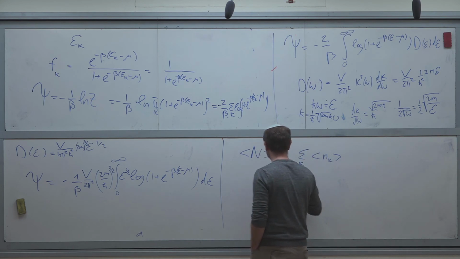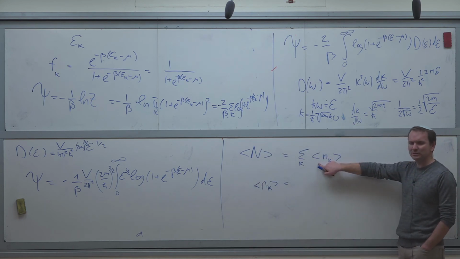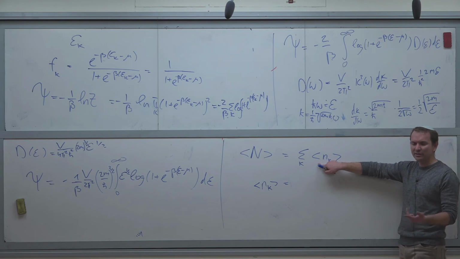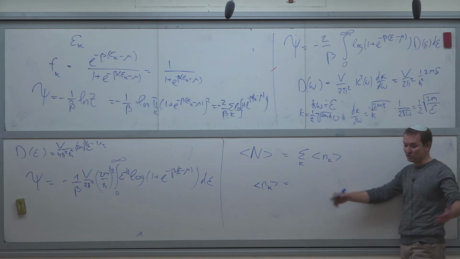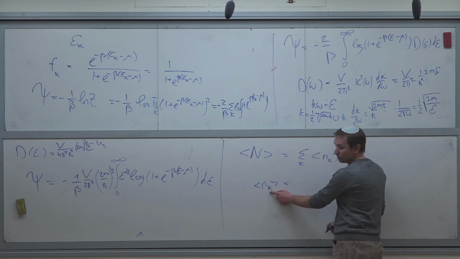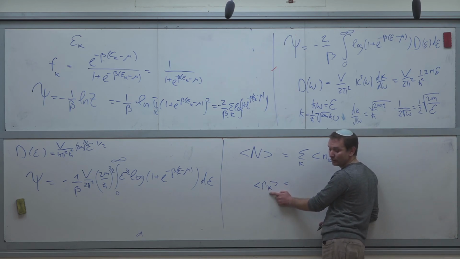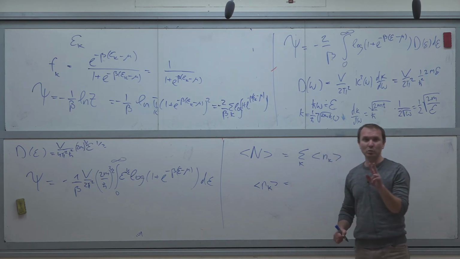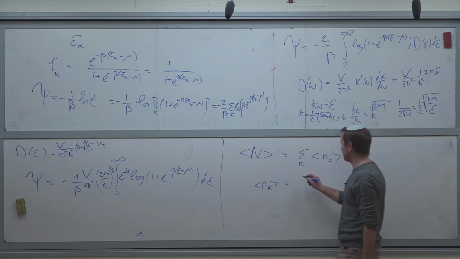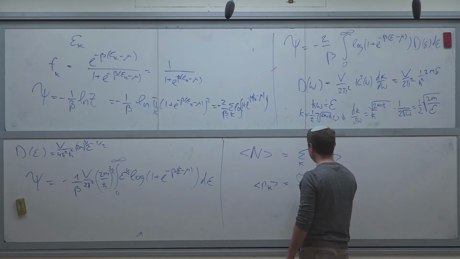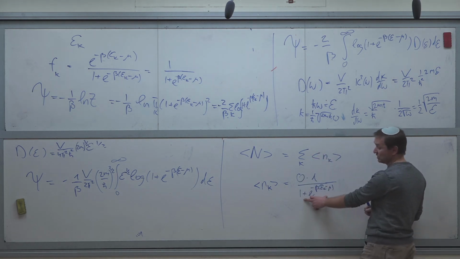Okay? What is n_k? This formula simply states the average number of particles is the average number of particles of the first energy, of the second energy, of the third energy. They are completely independent of each other, so it's just a sum. The average number of particles for a given energy is, there can be only 0 particles or 1 particle. So it is 0 multiplied by 1 divided by 1 plus e to the power minus beta (epsilon_k minus mu). Okay, this is our z_k.